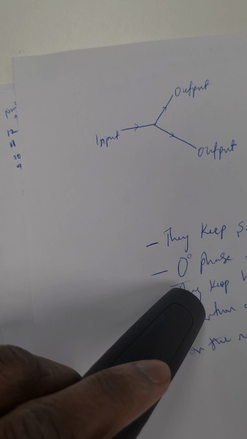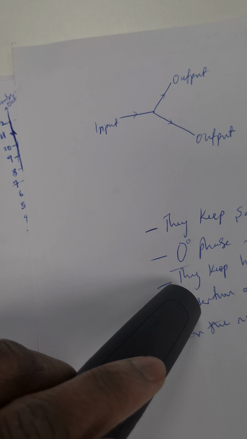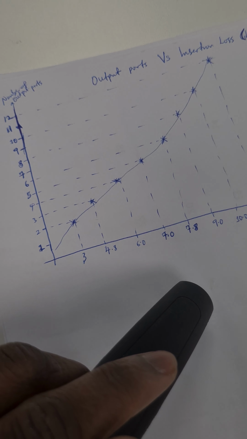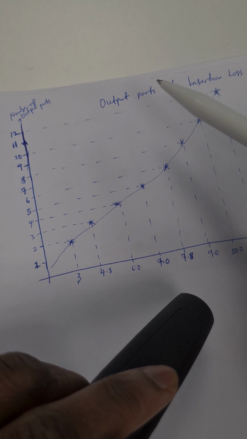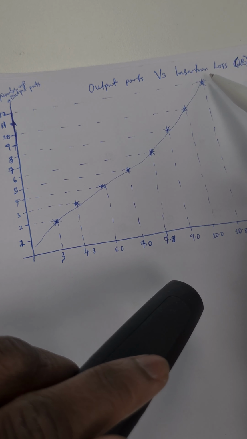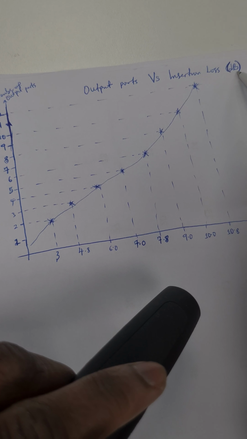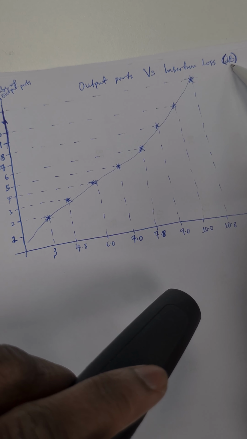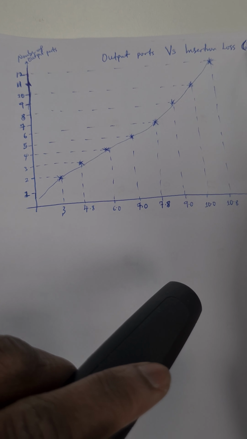I have come up with one graph to show you the relationship. Here I have my graph of output port versus insertion loss in dB. Insertion loss is in dB because most of our signals in the RF lab are always measured in dB. We mentioned that in the previous class.